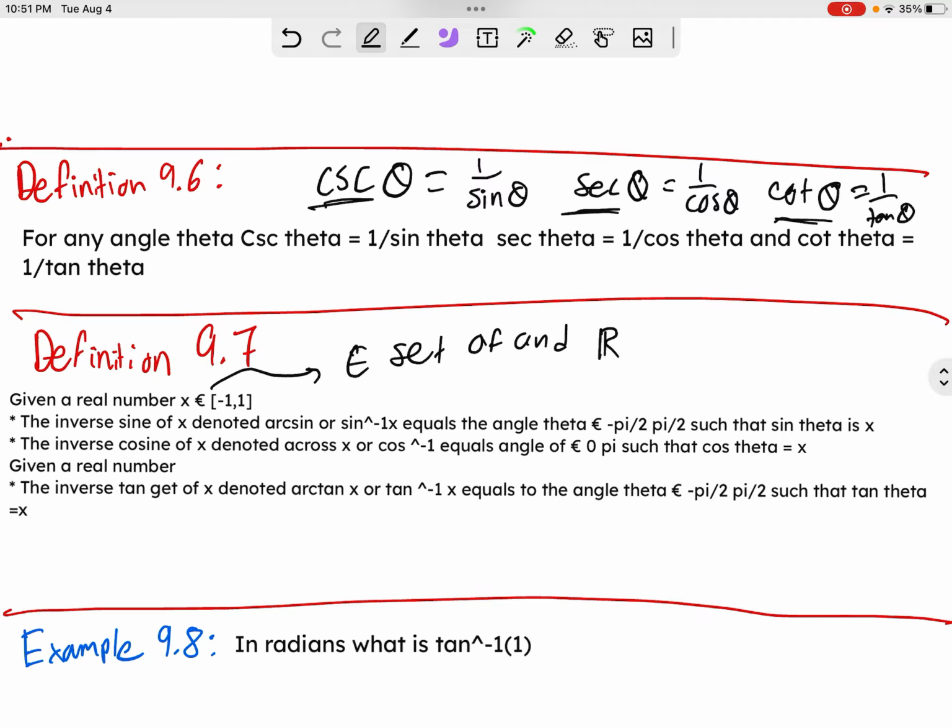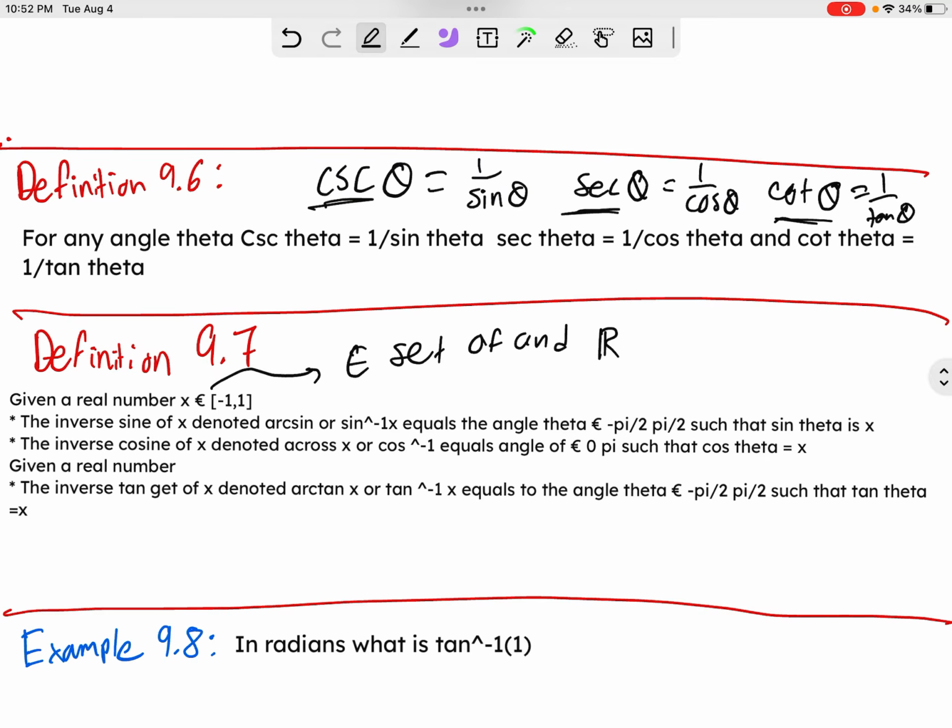The inverse cosine of x is denoted by arccos x, or cosine to the power of -1, equal to the angle in the interval 0 to pi, such that cosine theta will be equal to x. Given a real number x, the inverse of tan is denoted by arctan x, or tan to the power of -1 x, which will be equal to the angle theta in the interval from -pi over 2 to pi over 2, such that tan theta will be equal to x.